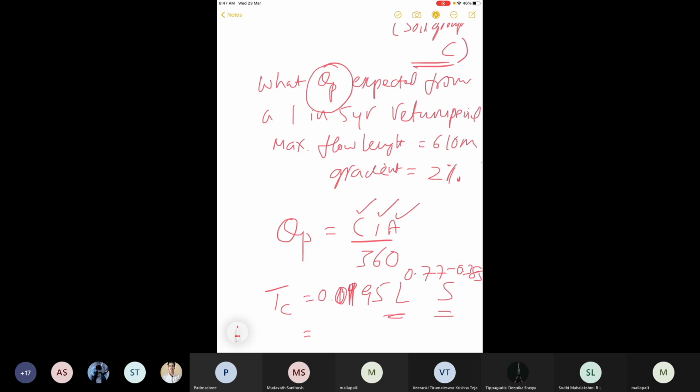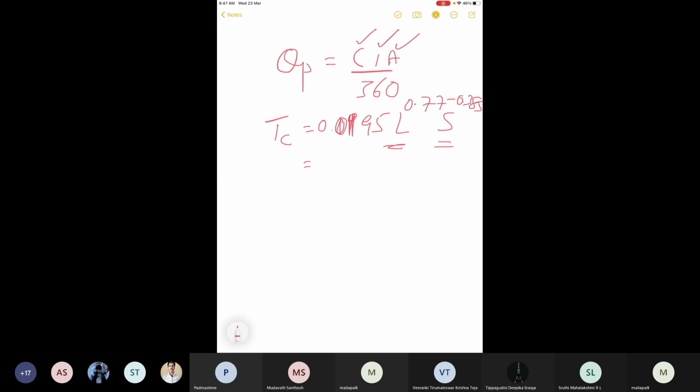When you substitute it, you get TC: 0.0195 into L, which is 610, power 0.77, into S, 2%, 0.02, power minus 0.385. So you will get 12 minutes.